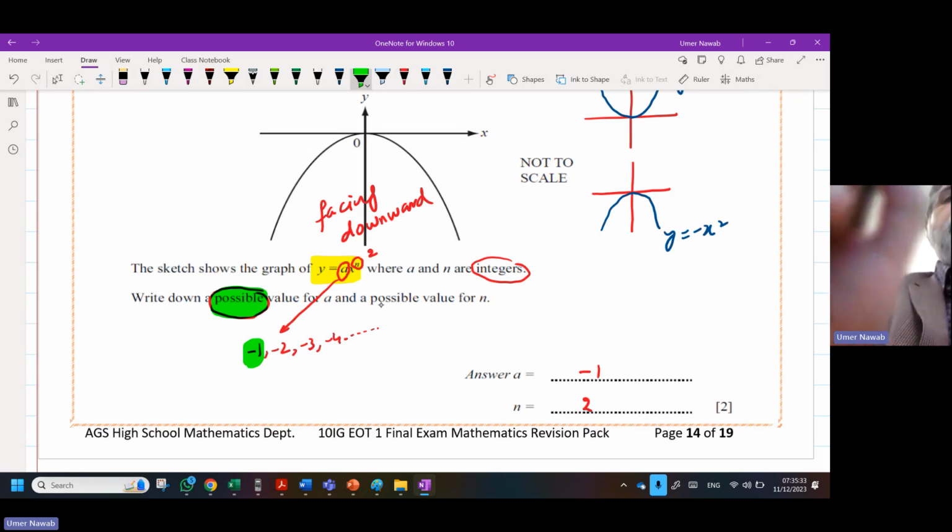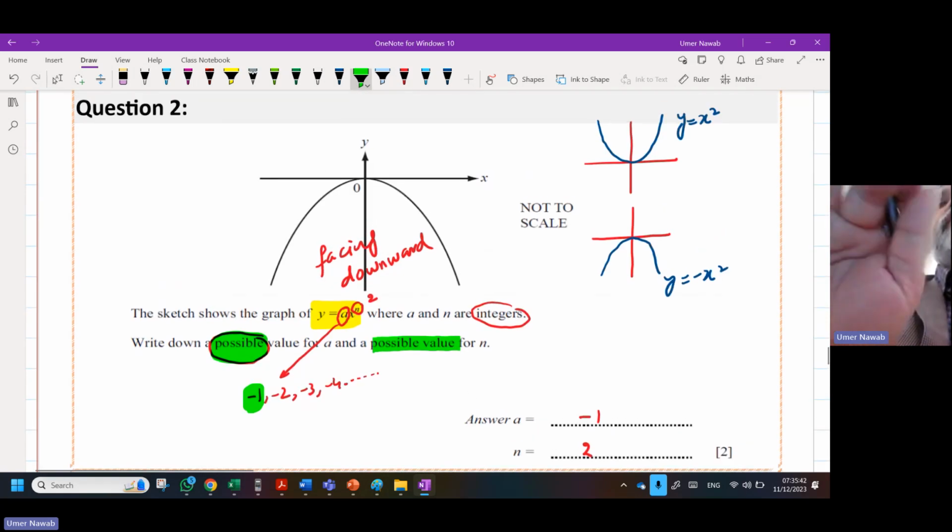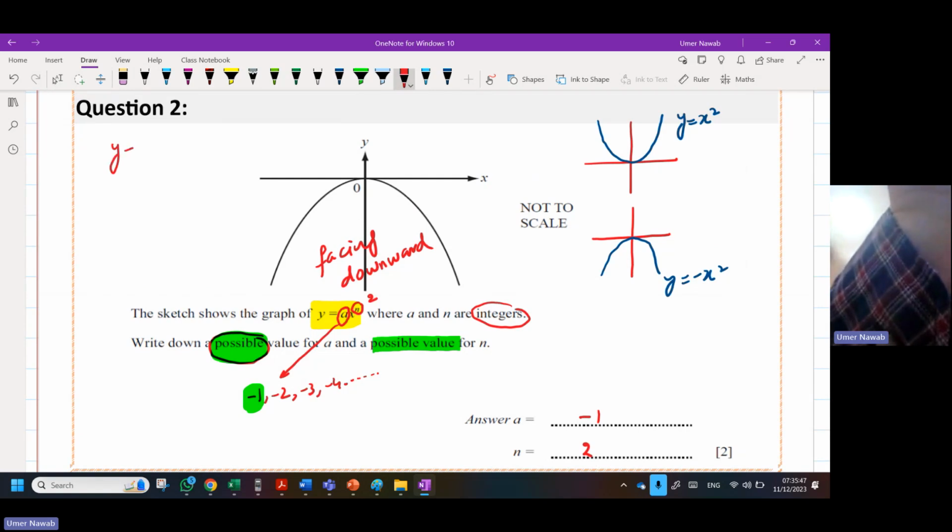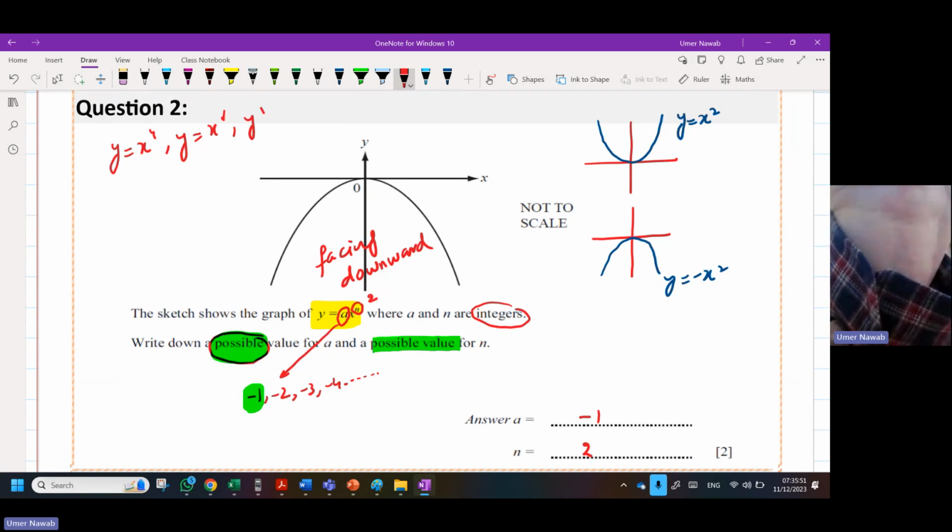Also, the examiner mentions here, find a possible value of n. So you may ask me, Mr. Omar, do we have some more possible values? Yes, we may have more possible values because y is equal to x power 4, y is equal to x power 6, y is equal to x power 8. These even powers of x also make the same type of curve, but they have a different nature when they get closer to the x-axis.